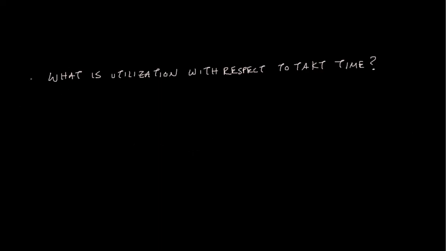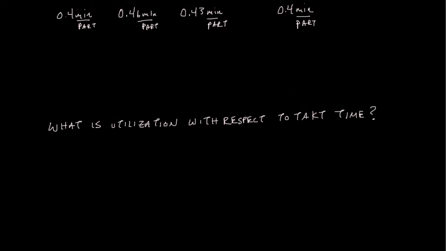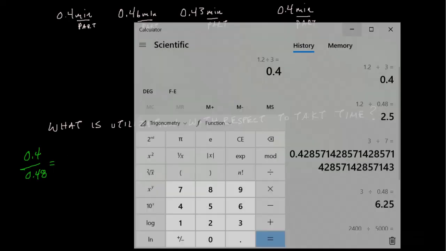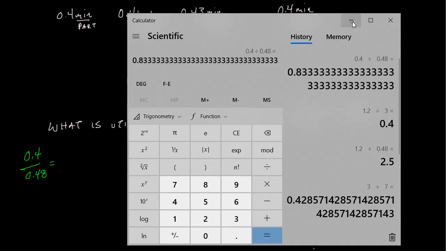To do that, I'm going to take these numbers up here and calculate the utilization. So I do 0.4 divided by the takt time, and that equals 83%.